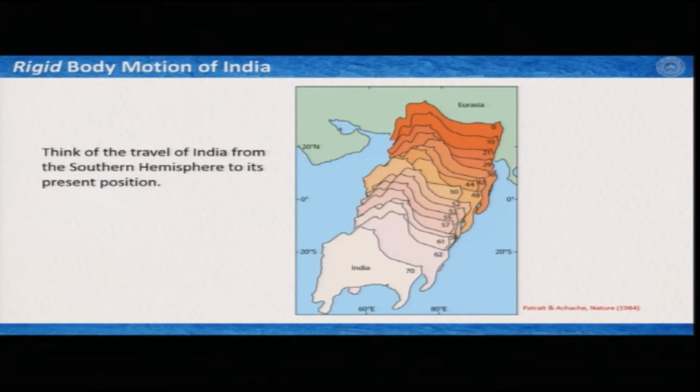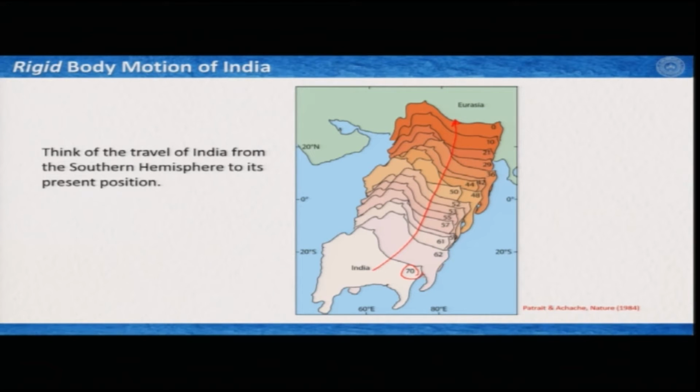The Indian plate was initially positioned 70 million years ago somehow like this, in the southern hemisphere. With time it moved this way here. So if you consider the Indian plate was rigid, one can explain its movement through rigid body rotation and rigid body translation. It is a very simple example.